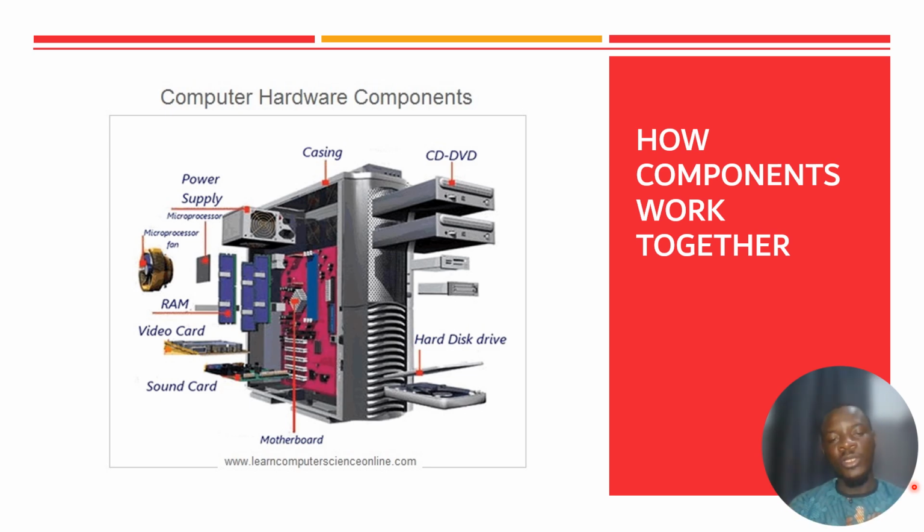So when an issue comes up on the system, this can help you in troubleshooting and help you optimize performance. If your system is slowing down, you know where it might be coming from. This is how the components come together to make your computer work.